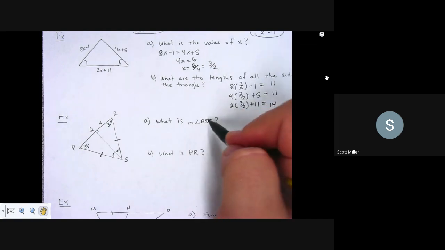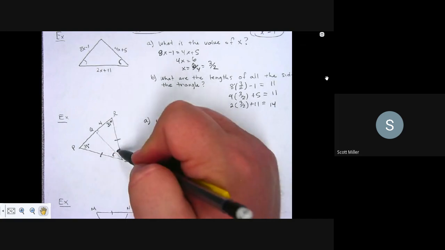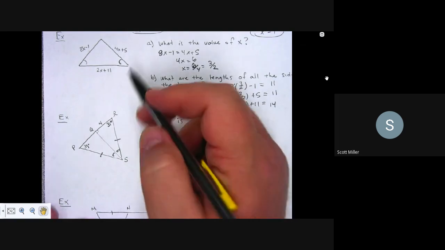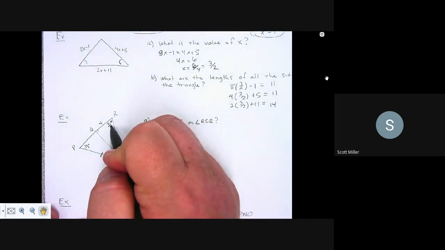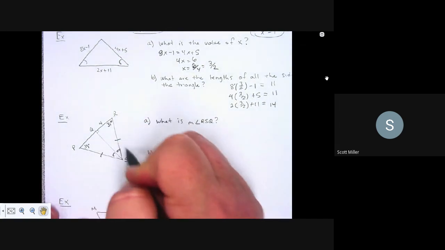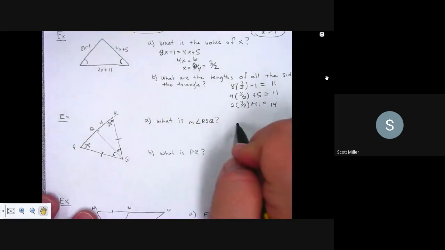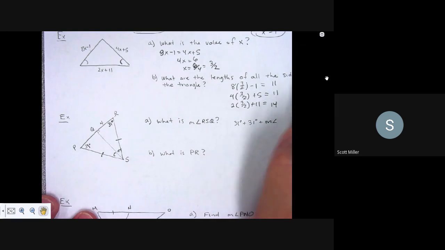So what is the measurement of RSQ? So let's trace it. RSQ. What is the measurement of that angle? Well, to find this, what we want to do is figure out a bunch of things. I know, because this is isosceles, like I said, that was 31. The three angles of the triangle add up to 180, and so that's where I need to go. So 31 degrees plus 31 degrees plus the measure of angle RSP is 180 degrees.